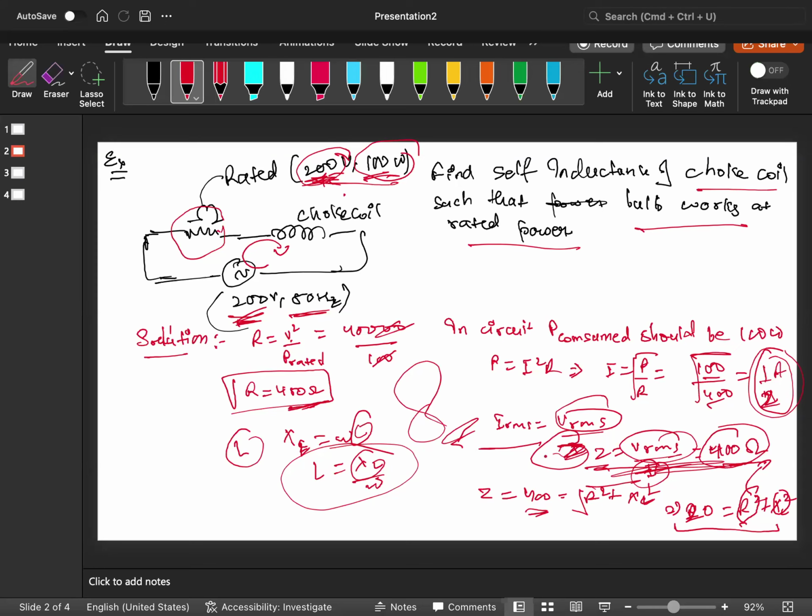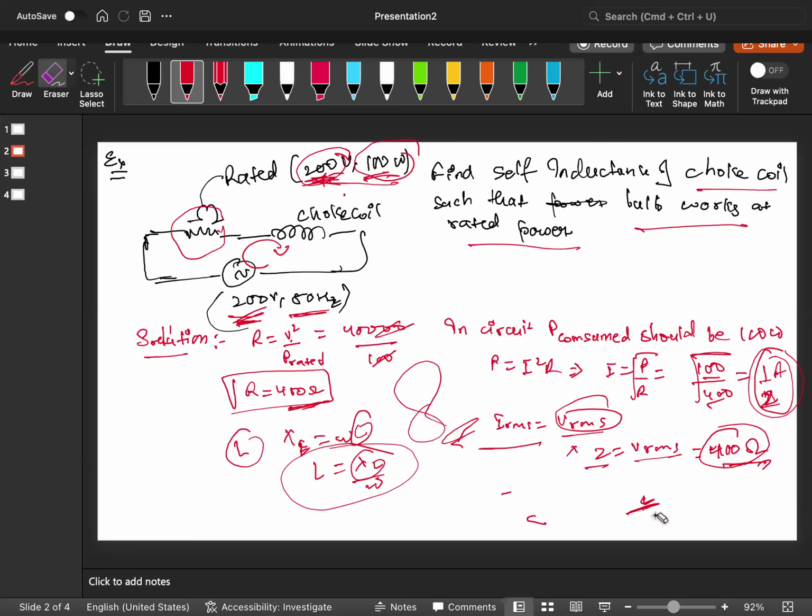I think yes, that is fine. This impedance and this XL. Actually, look, if I go this way, no way. Sorry, this is the mistake we did, right?